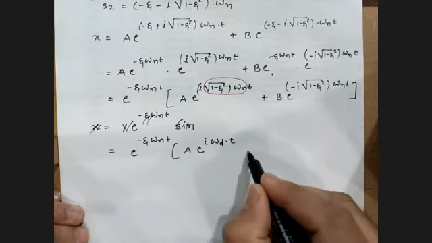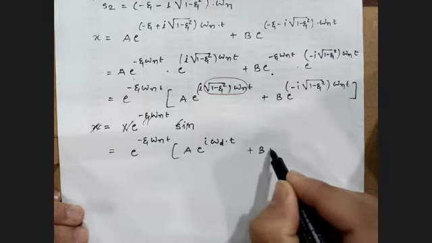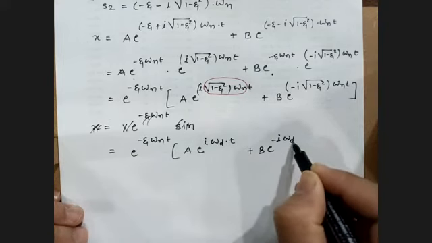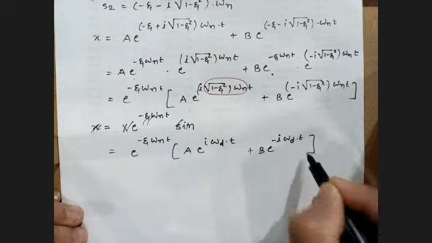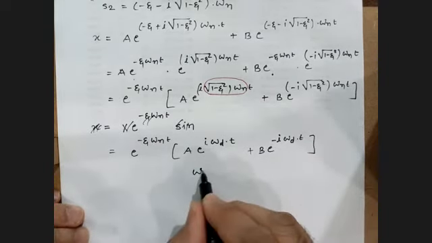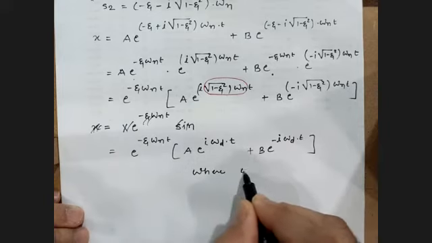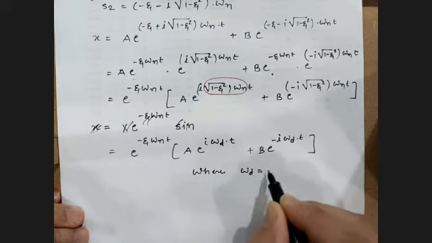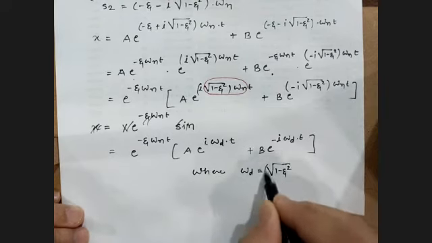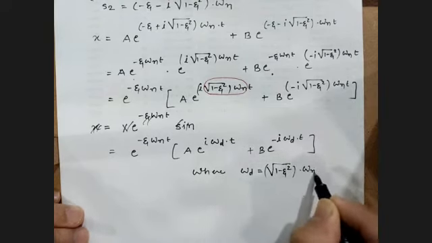In the same way, the other component is e raised to minus i omega d into t, where omega d is equal to under root of 1 minus zeta square into omega n.